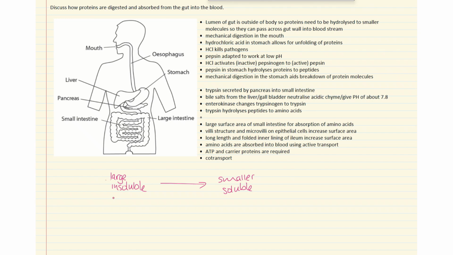Okay, this large insoluble molecule can be called a polypeptide or a polymer, sorry, and this would be our monomer.